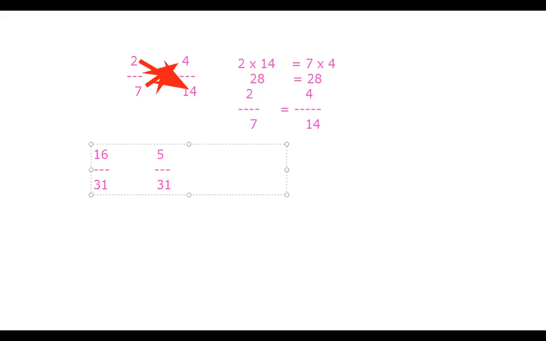Here you can see the denominators are equal. So which symbol will we use? We will use the greater than symbol. Why? Because 16 is greater than 5. That is the reason the result is the greater than symbol.